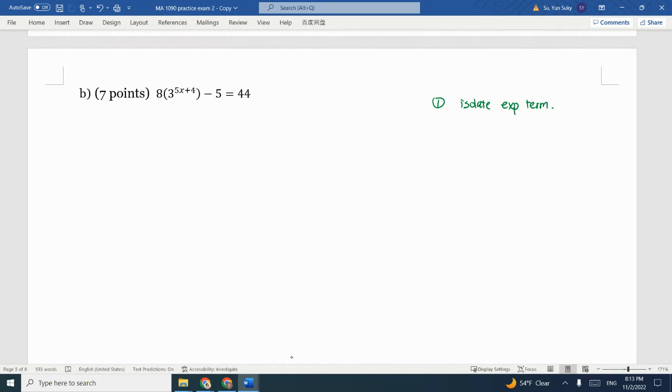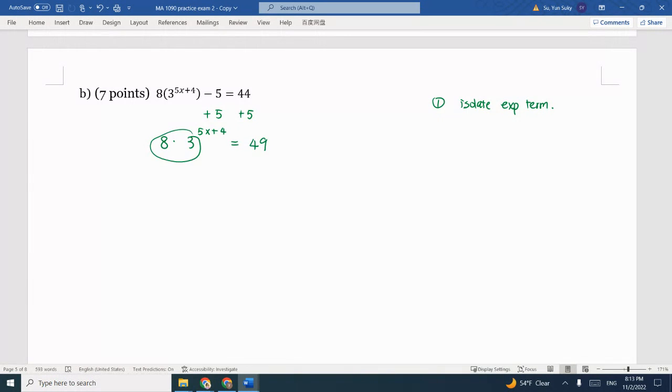So we want to get rid of the minus 5. So what do we do first? We add 5 on both sides. So we have 8 times 3 to the 5x plus 4 equals 44 plus 5 is 49.